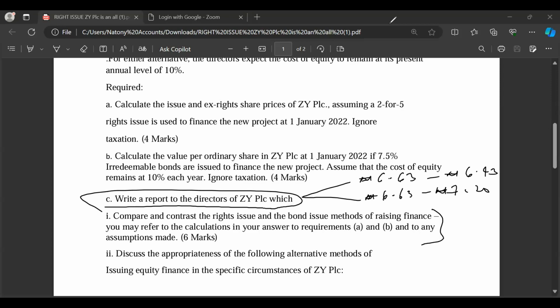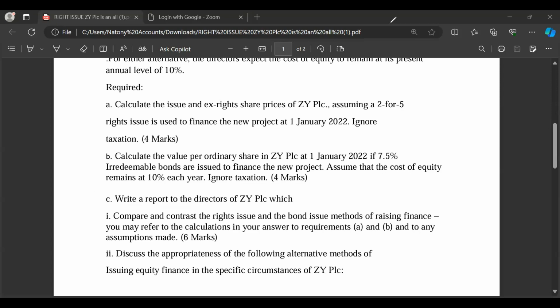Okay. But let's now look at another index that you may want to look at, which is the earnings per share. Currently, what is the earnings per share? If a right issue is used, the earnings will be 9 million, which will be paid as dividend, divided by 24. So that will be the earnings per share. 9 divided by 24 is 0.375 kobo.